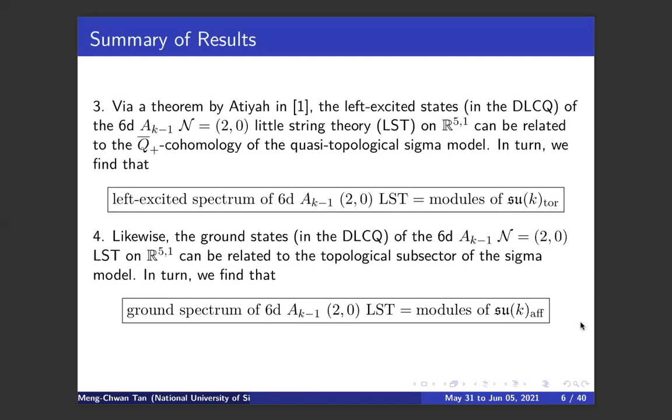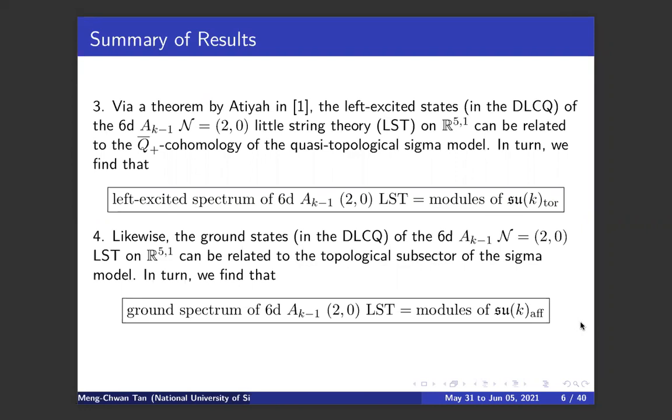Atiyah's theorem allows us to relate this moduli space of instantons on R4 and its observables with the observables on the moduli space of holomorphic maps from CP1 to omega SUK. That's how we are able to use the sigma model on the loop group, which is a 2-2 sigma model, to say something about the DLCQ spectrum of this little string theory on R5,1.